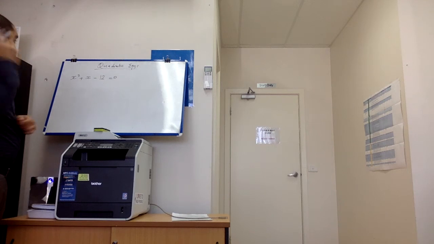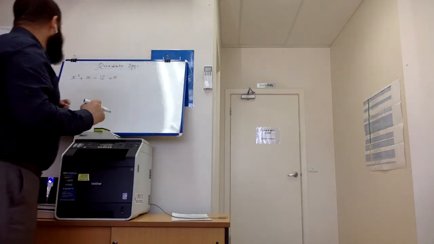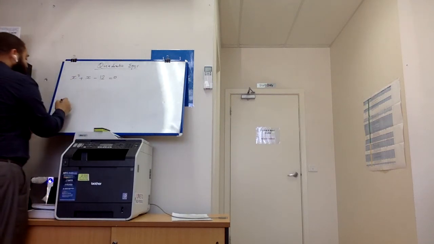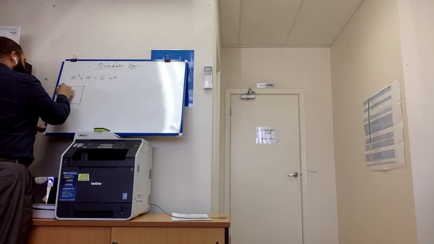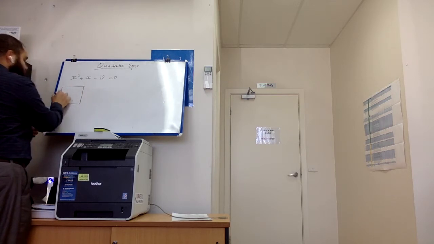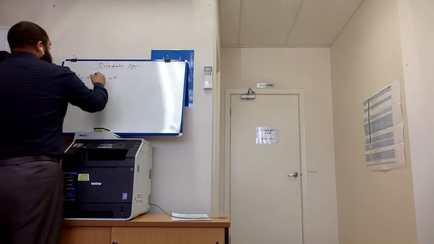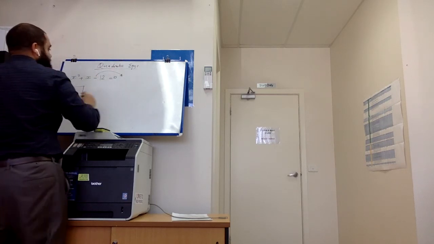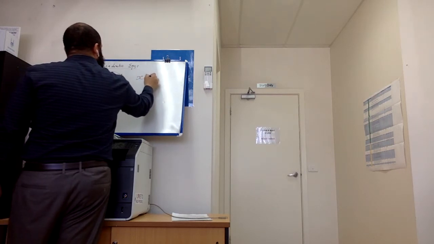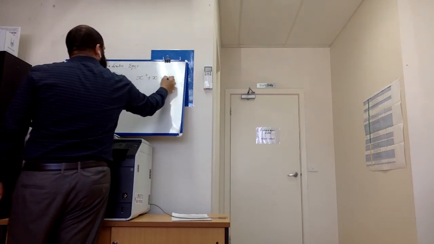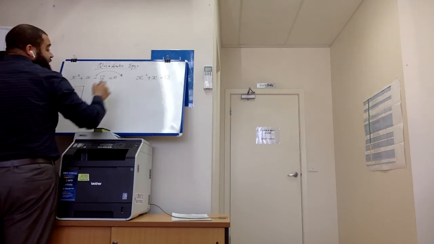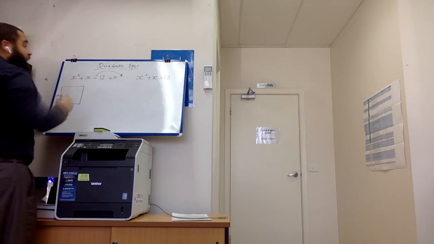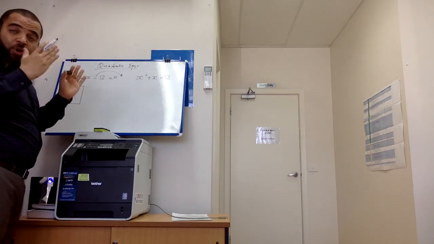Okay, we need to discuss now something called completing the squares. So I draw x squared as a square with two sides, each one is x. Okay, I'll move this 12 here, so the equation will be x squared plus x equals 12. I need to draw this x as also a shape with area x.